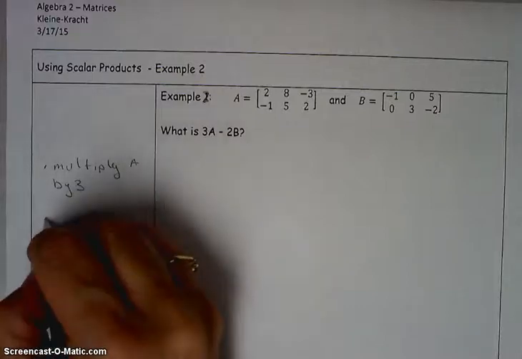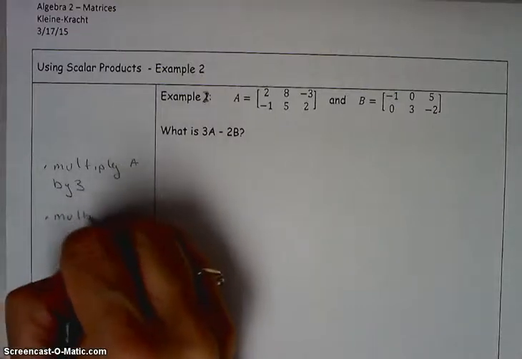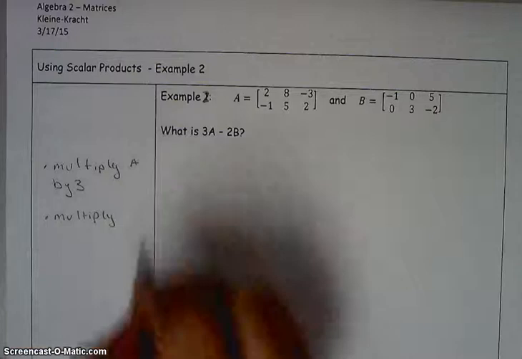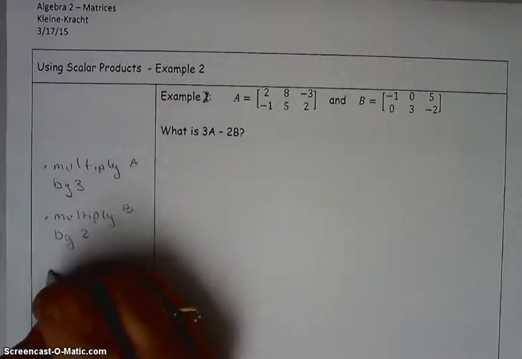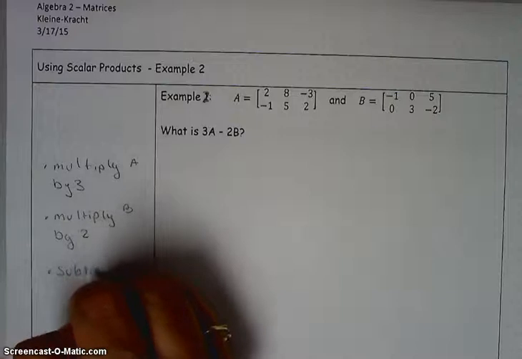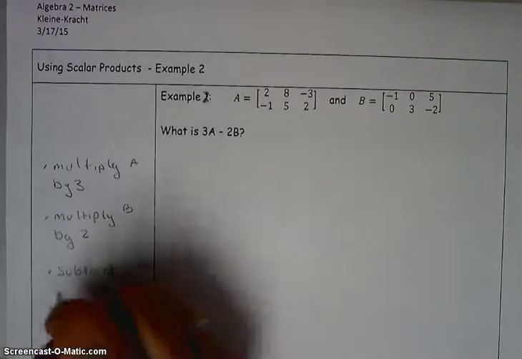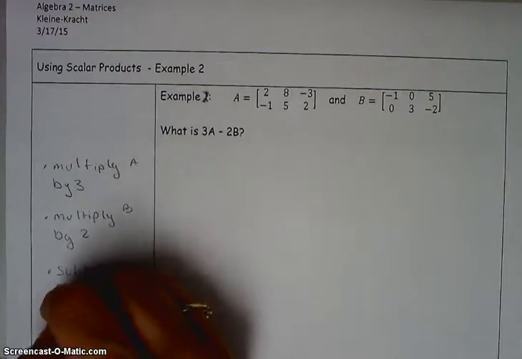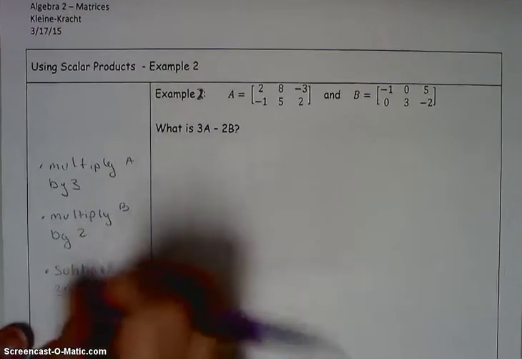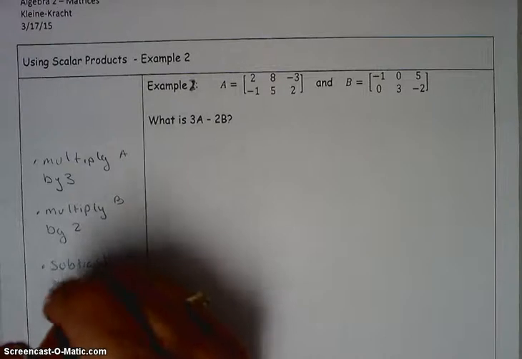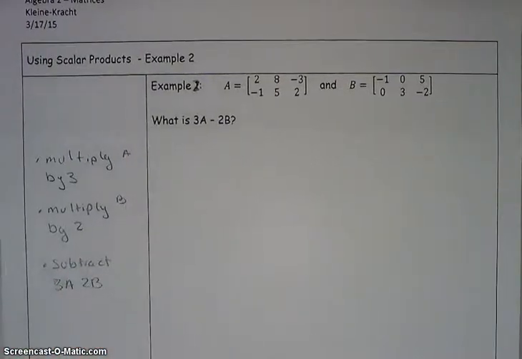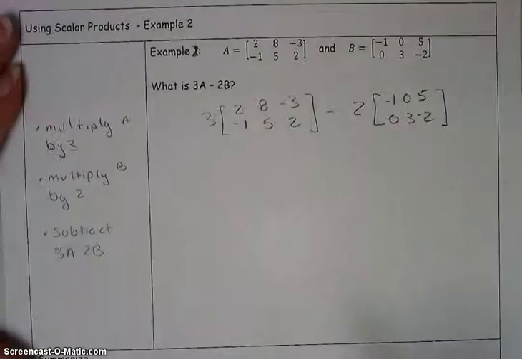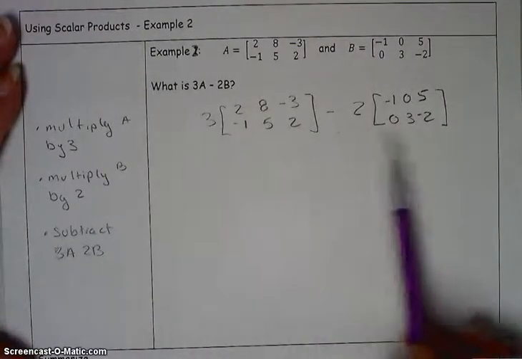Then you're going to multiply B by 2, and then you're going to subtract your new matrices. You're going to do 3A minus 2B. So we're going to subtract 3 times A minus 2 times B.